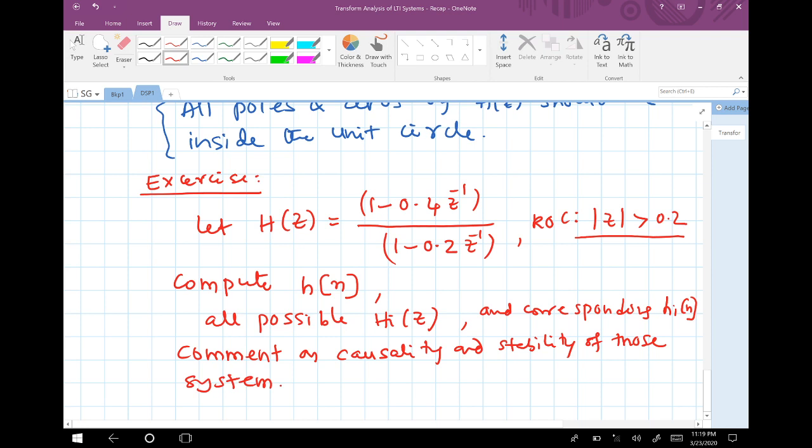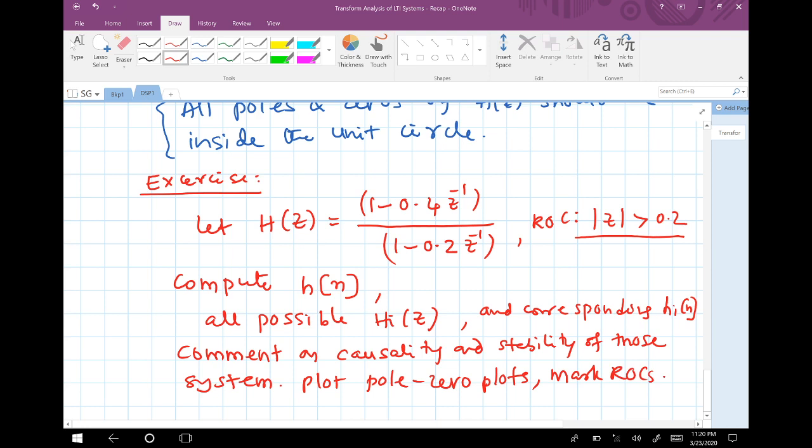What else? You could in fact also plot the pole-zero plots for each of them, and mark your ROCs there. You do all those things. That's all for now.